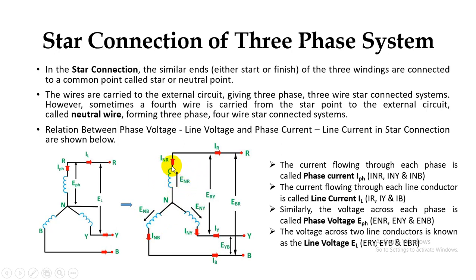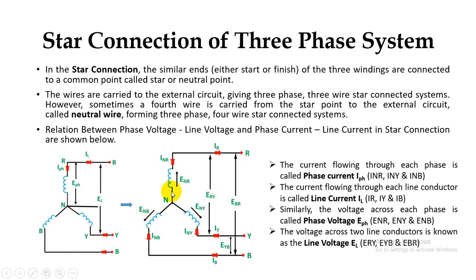This we can say A1 terminal, this is A2 terminal, this is B1 terminal, this is B2 terminal. Like that, this also has the terminals C1, C2. Any one terminal of the resistances is connected together to make one common point. That connection is called star connection.